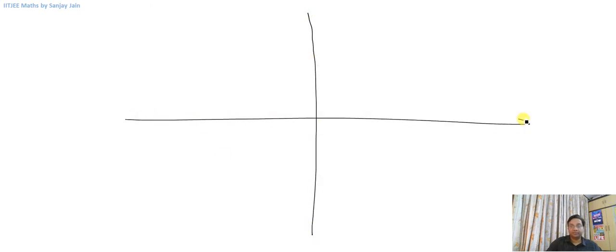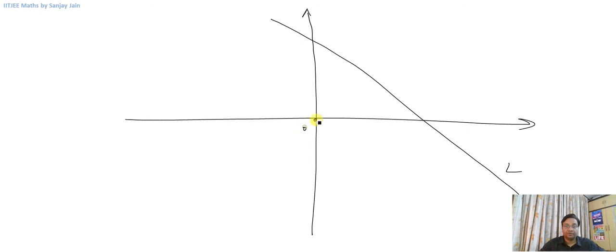So let us consider this line for finding the equation in normal form. Let us say this is line L. From this origin, let us draw this perpendicular like this.